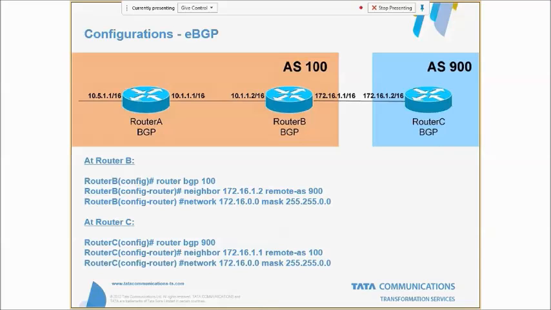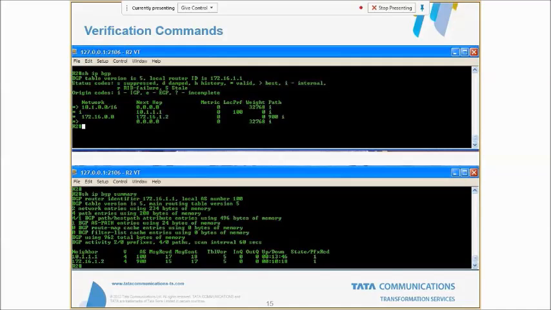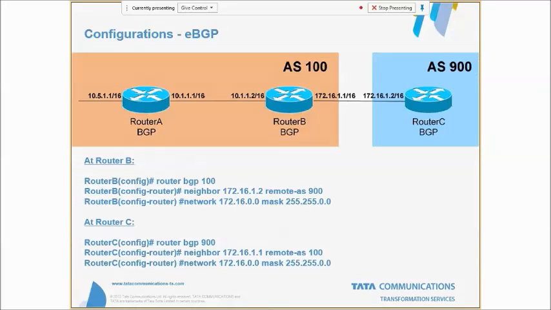It has two routes, 10.1.0.0, which is the IBGP peer's network, and 172.16.0.0, which is the EBGP peer's network in AS 900.